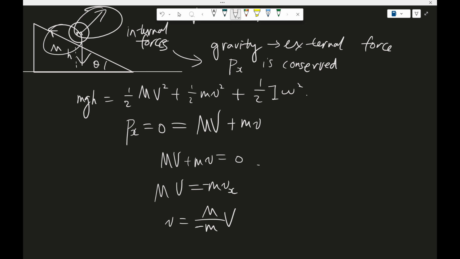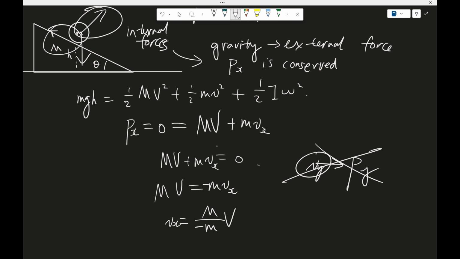And keep in mind that this V here is in the horizontal direction, right? Because Vy has something to do with the momentum in the y direction, and that is not something we're considering right now. We can only say that vx, the horizontal velocity of this ball of mass, equals big M over negative small m times big V.